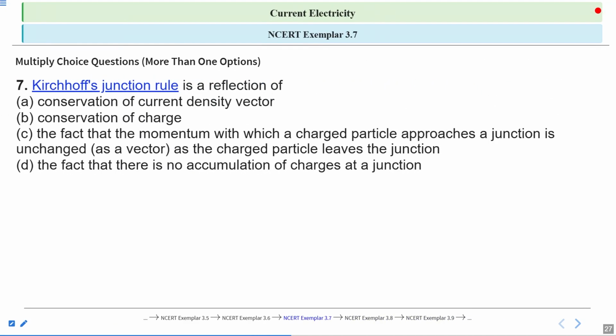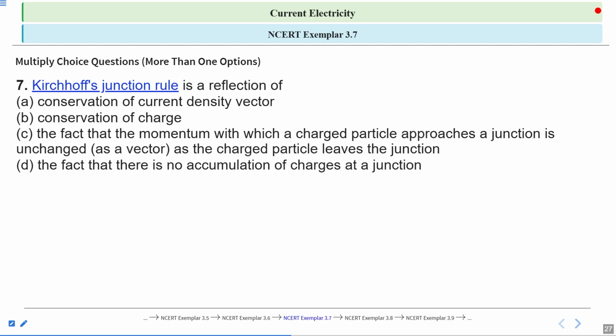Next question, NCERT Exemplar 3.7, and the questions from now onwards are multiple choice questions with more than one correct option. The question is, Kirchhoff's junction rule is a reflection of: first option, conservation of current density vector; second option, conservation of charge; third option, the fact that the momentum with which a charged particle approaches the junction is unchanged as the charged particle leaves the junction.